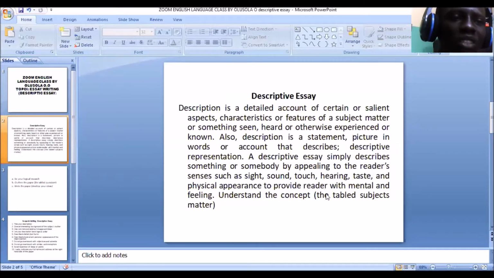If you are asked to describe Zuma Rock, for instance, it means that you must have a good picture of that rock. If you are not an eyewitness, maybe you have had eye contact with that rock, it means that you must have good knowledge of that rock.